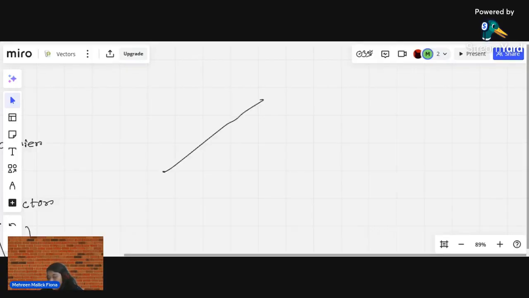It's a very straight line, I know. So now it is a vector because it is carrying information from point A to point B, and its value from A to B gives us the distance between them, and this distance is denoted as magnitude.